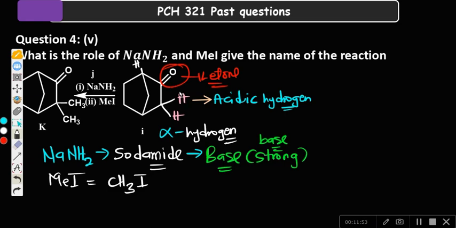And what did we learn about aldol condensation reaction? That a strong base can abstract a proton from an alpha hydrogen.